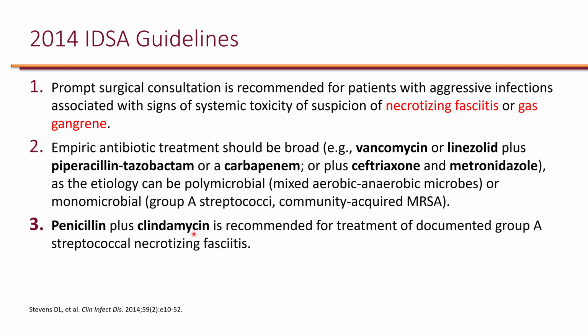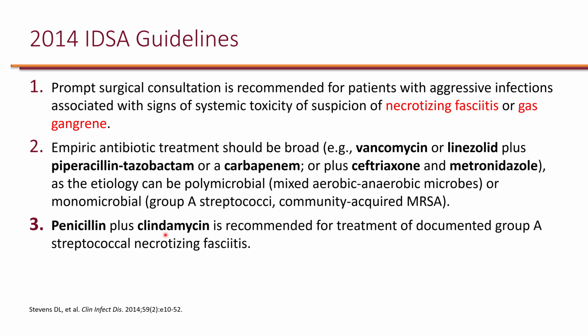Now, penicillin plus clindamycin is the treatment of choice for documented group A streptococcal necrotizing fasciitis. Group A strep, that's Streptococcus pyogenes, 100% of them are susceptible to penicillin. So penicillin is the drug of choice, with proven efficacy and essentially zero resistance.